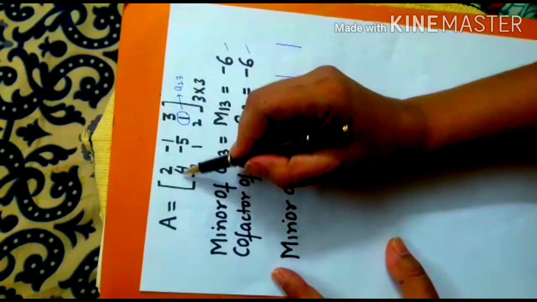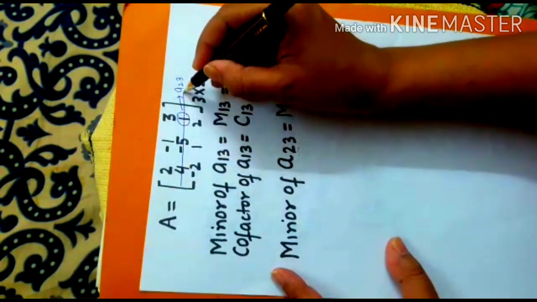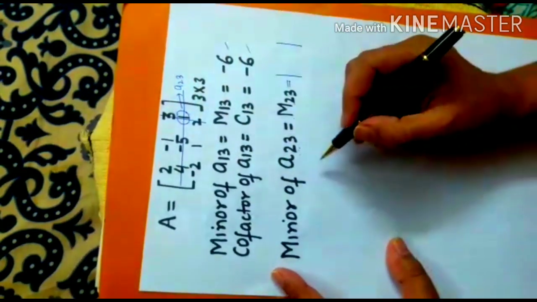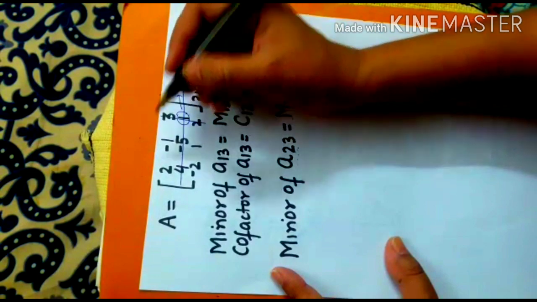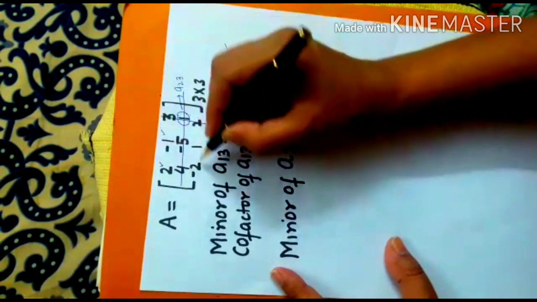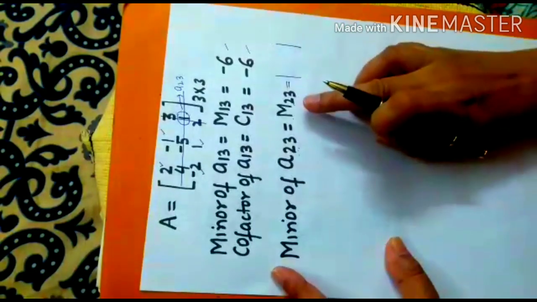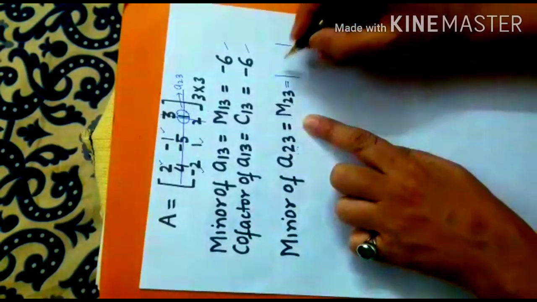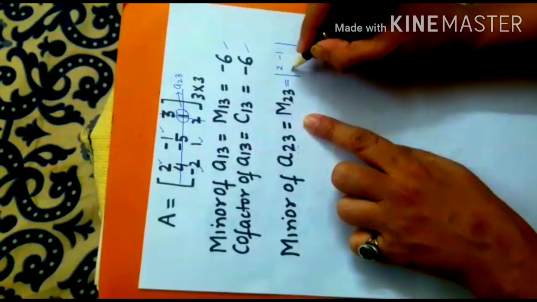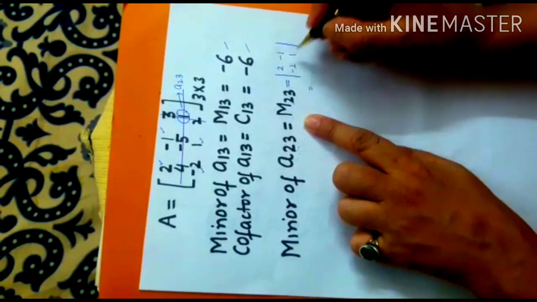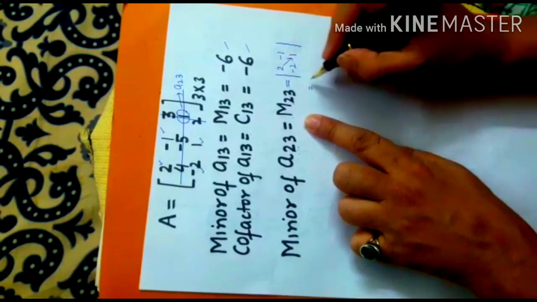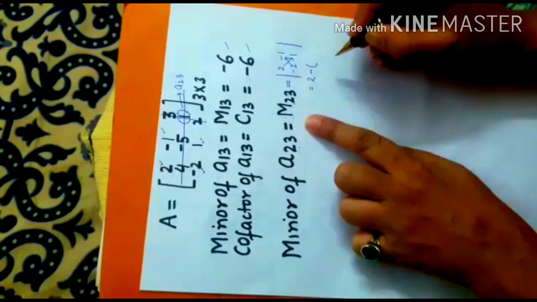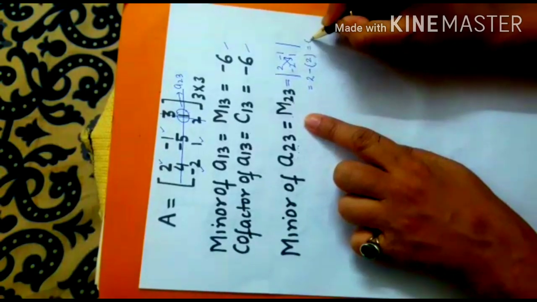This element lies in the second row, so I delete the second row, and it lies in the third column, so I delete the third column. So I am left with the submatrix with elements 2, -1, -2, 1. The minor of A23 is the determinant of this submatrix, computed as the product of these two, which is 2, minus the product of these two, which is 2. So it's 0.